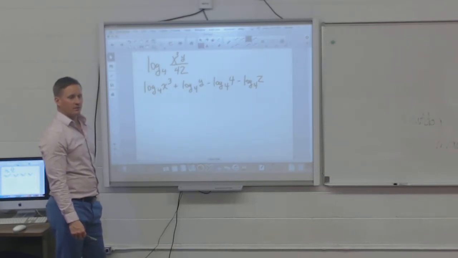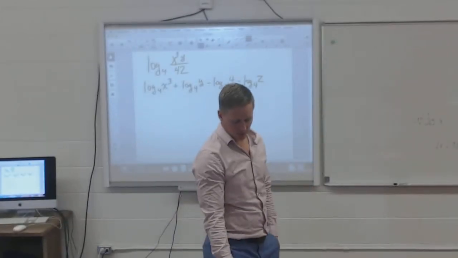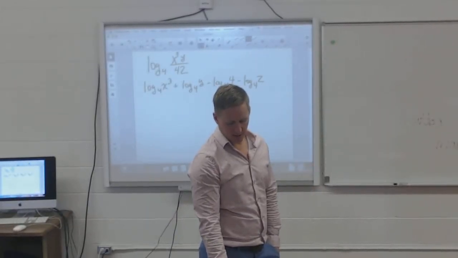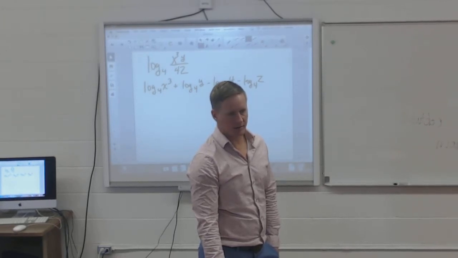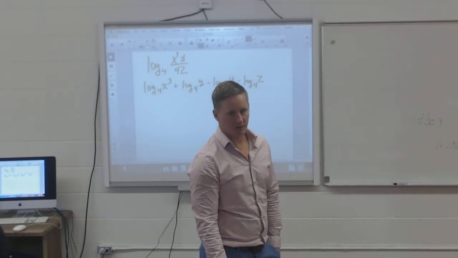Follow? So the first law, look at the product rule. The log of m times n changes to the log of m to the base c plus the log of n to the base c. Quotient, log of m divided by n, is log m minus log n. Power, move the power to the front.